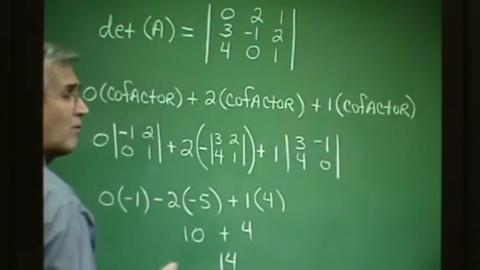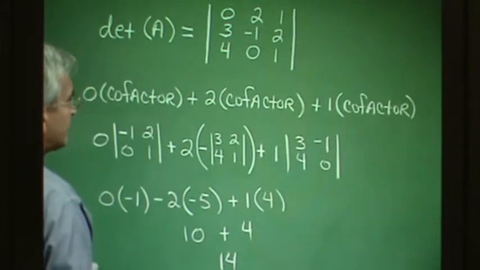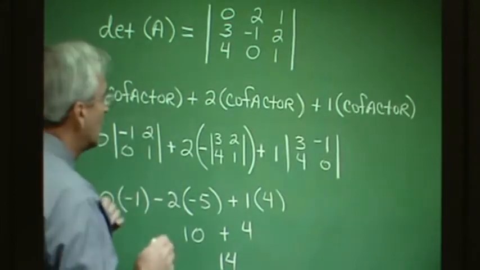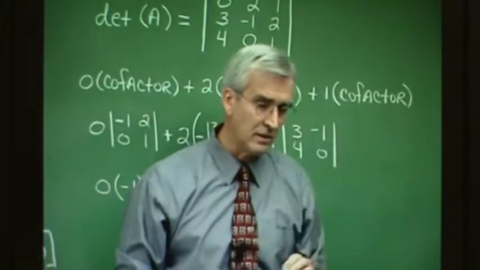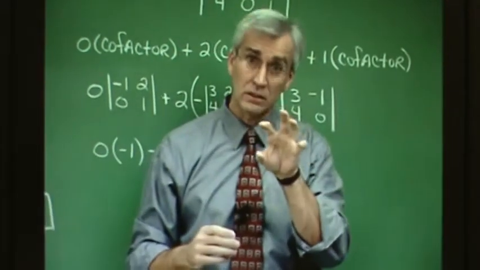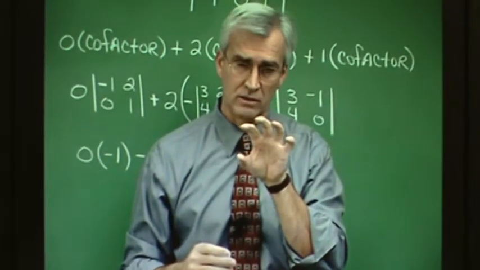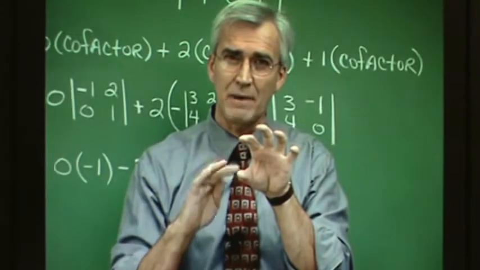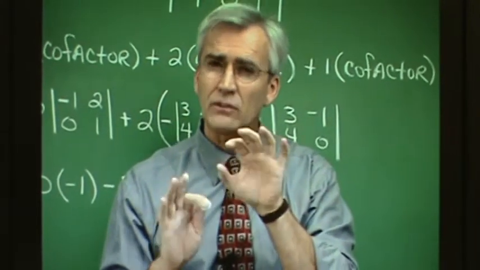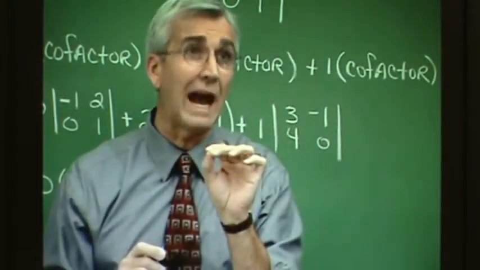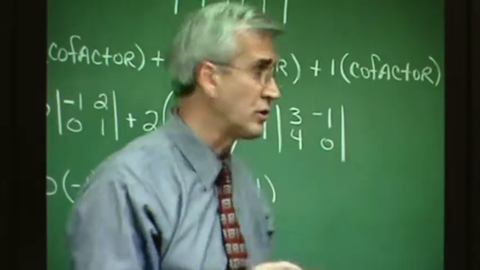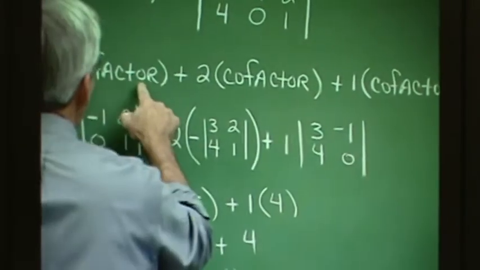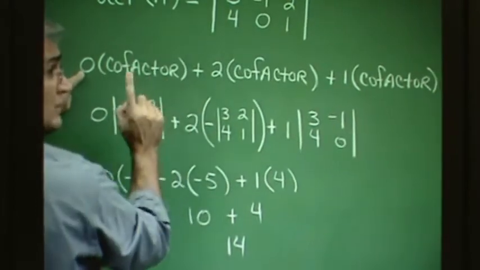Now, what is this cofactor business? Well, a cofactor has involved with it the determinant of a small matrix, and also there's a sign pattern involved with it. All right, let's determine this. Let's identify this determinant notion first. Now, the cofactor involved with 0 is found by doing this.